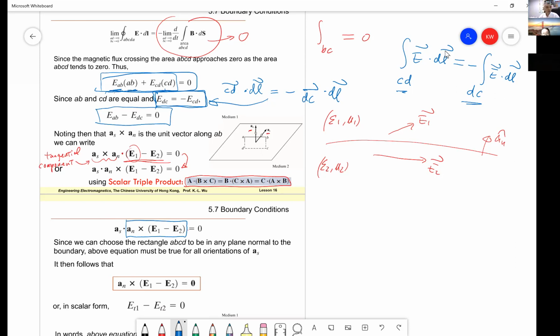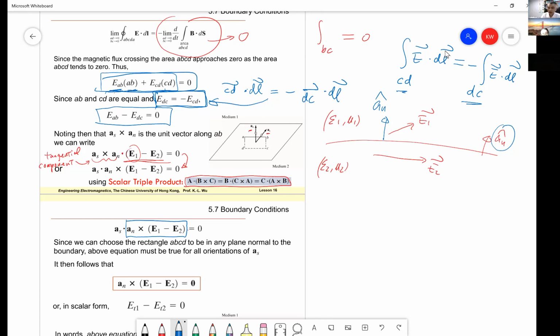For a given surface, we have the normal direction. You use the normal direction to cross product with any vector. The result must be a tangential field, irrelevant to how you pick the ABCD surface.